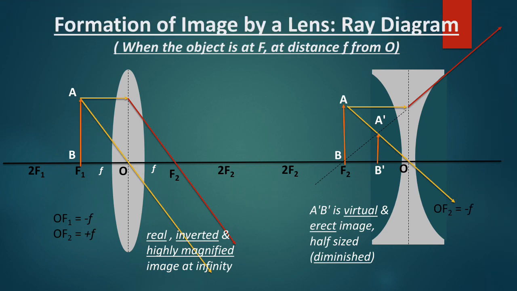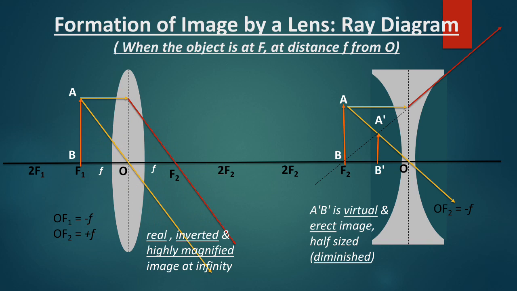Here you see when the object is at F, it is a special case. This is the position of the object, and these are the light rays. This is the first and this is the second principal ray, and you can see this is the first refracted ray and this is the second refracted ray, and those are parallel to one another. So where will they meet? They will meet at infinity.